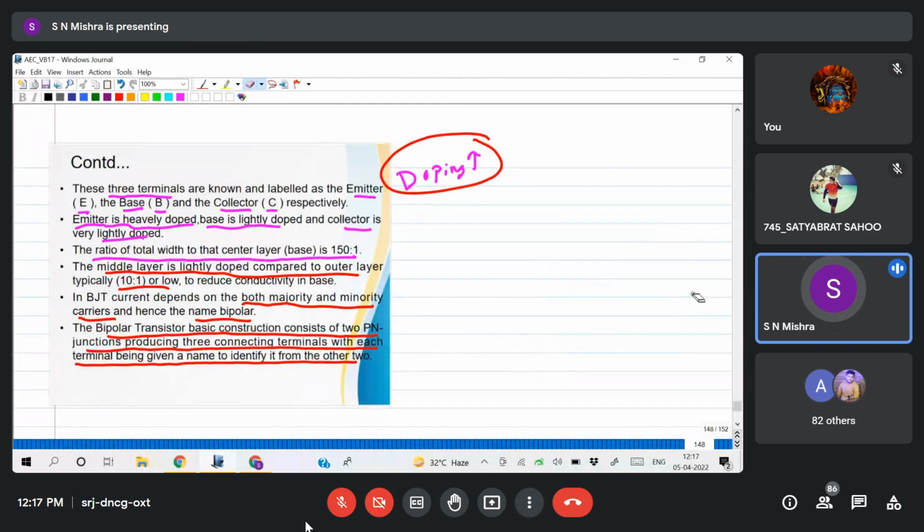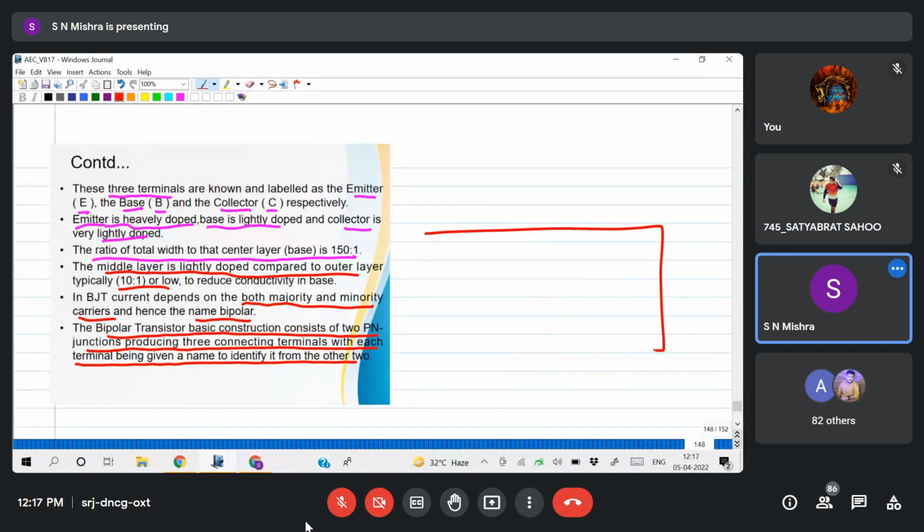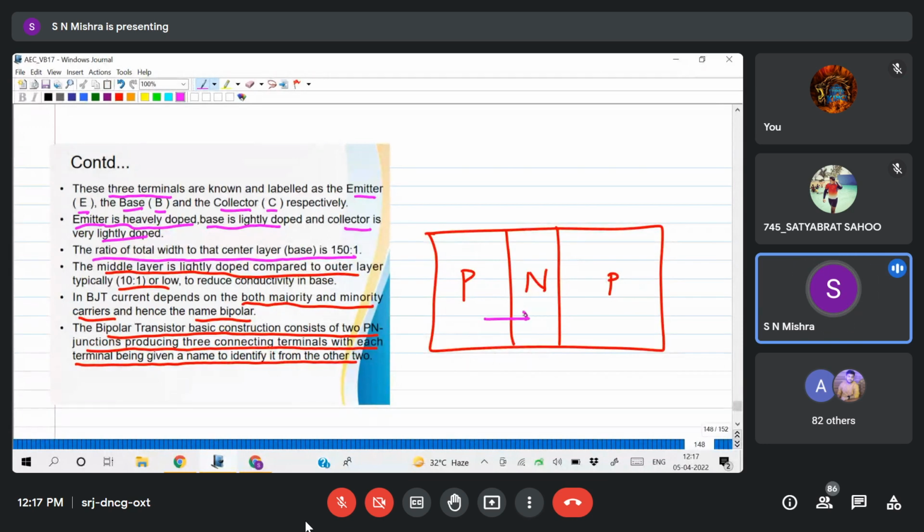If I take it like this, this is P, this is N, this is P. So if I consider this junction, this is one PN junction, yes or no? Yes, sir.